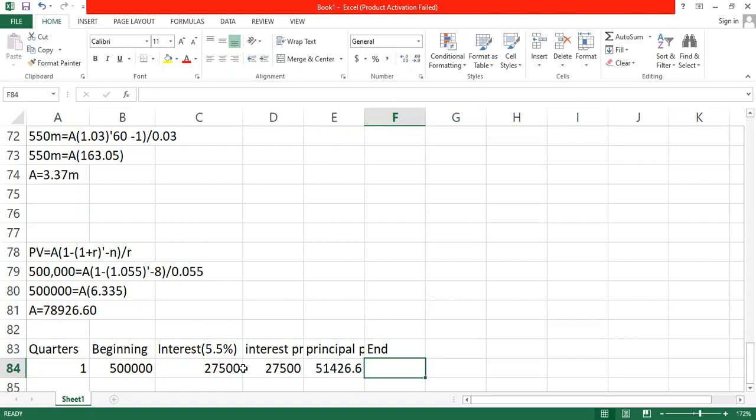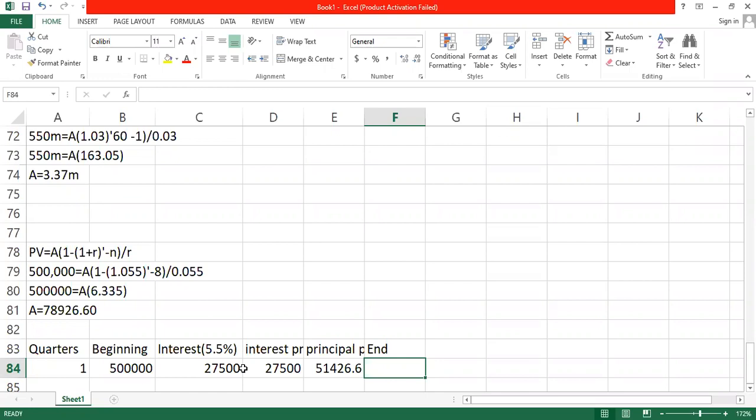Is it 51,426.6? Yes. So what will be the amount that you'll be owing the bank at the end of the first quarter?